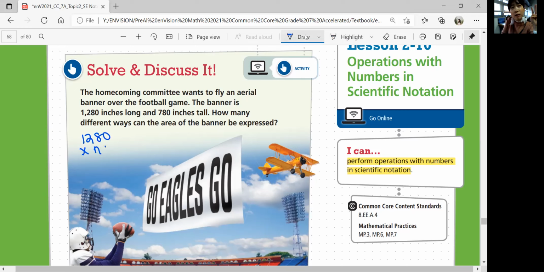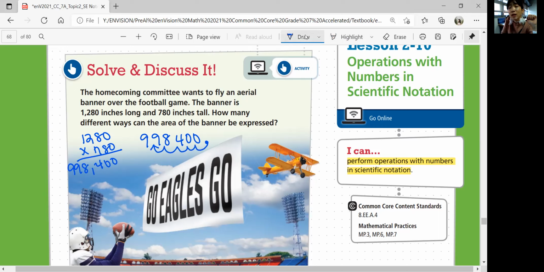1,280 times 780 is 998,400. Okay, and you will write this in scientific notation. 998,400, that's where we're starting from. That's your decimal point, 1, 2, 3, 4, 5.